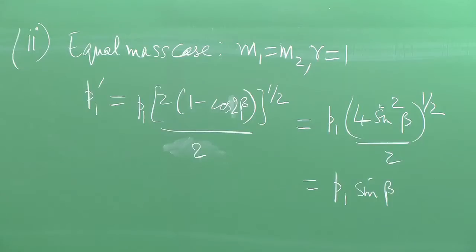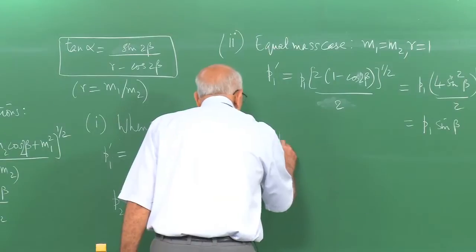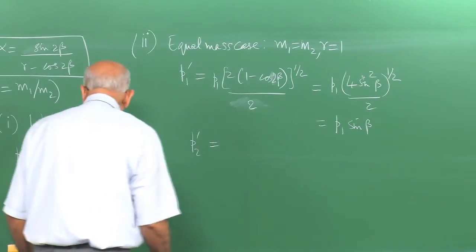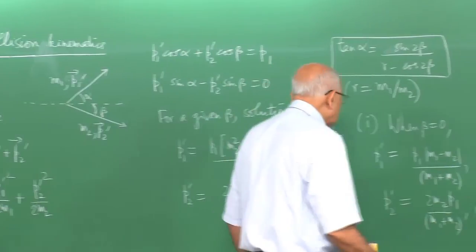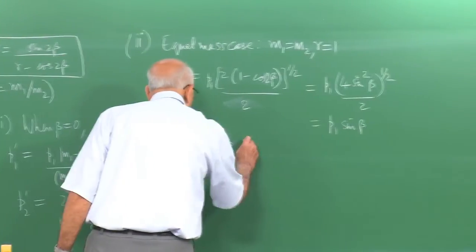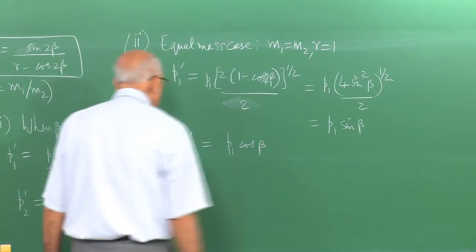Okay, and p2 prime is equal to this expression here, and the m cancels out on both sides, the 2 cancels out, and therefore you have p1 cos beta.